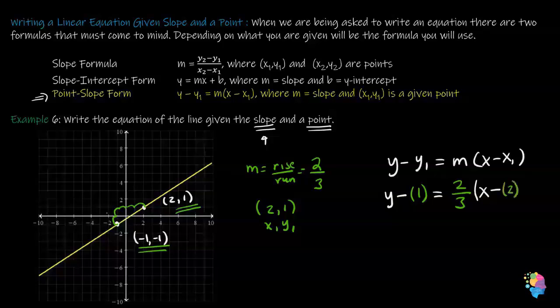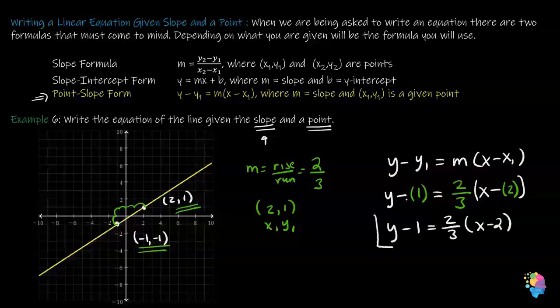And then don't forget to close the parentheses from the formula. And I check, is there a minus negative situation on either of these? And there isn't. Remember, if there was a minus from the formula and a negative from the number, then they would have turned into positives. Since in this case there isn't, all I have to do is drop the parentheses. And this is 2 over 3, x minus 2.